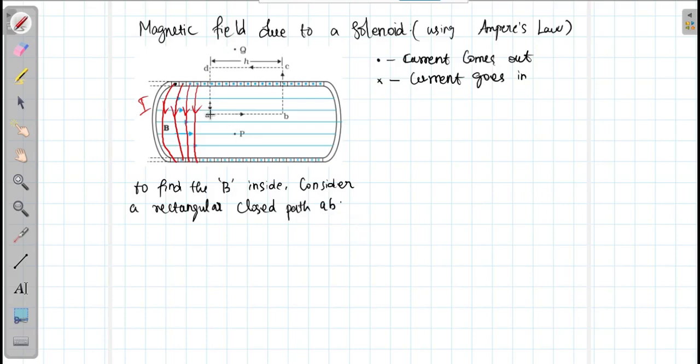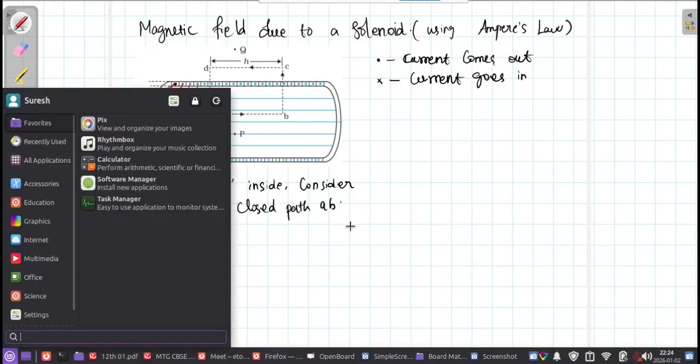We are assuming an imaginary closed path ABCD in this case.